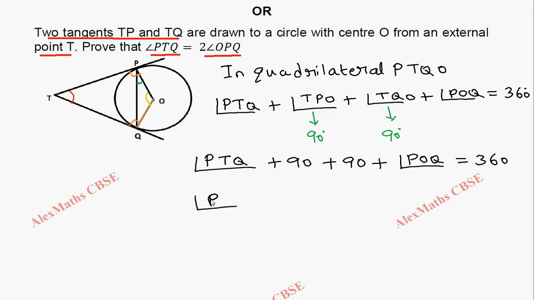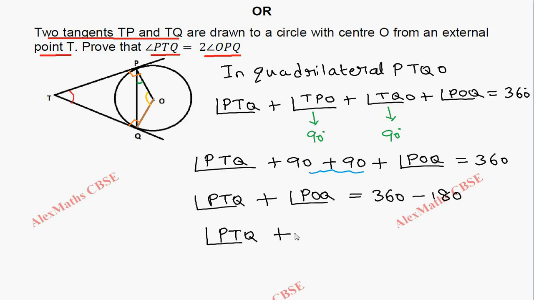Now angle PTQ plus angle POQ equal to 360 minus 180. After subtraction, angle PTQ plus angle POQ we get 180 degrees.